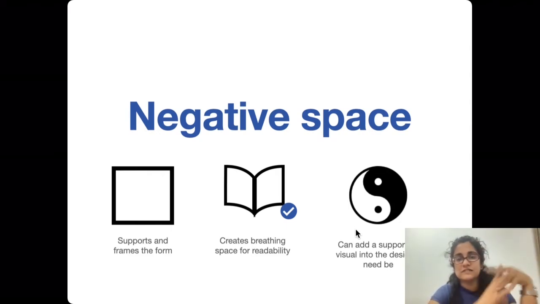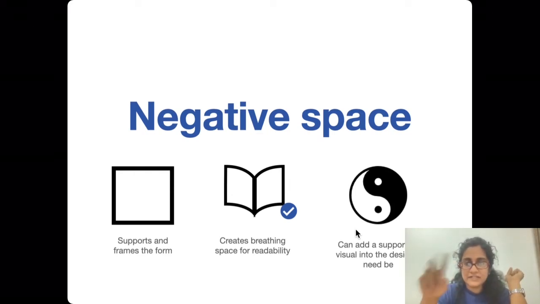Now, here comes the creative aspect. Negative space can add a supporting visual to the design. For example, take a look at the yin yang symbol that you can see on the slide here. In the yin yang symbol, you will see that there is a black form. There's a black object that is basically a couple of semicircles with a central circle. The remaining space is white.